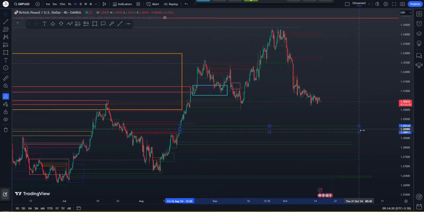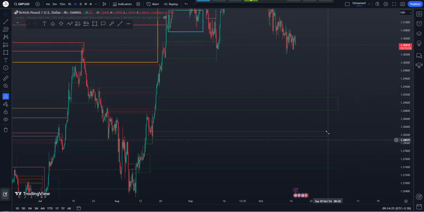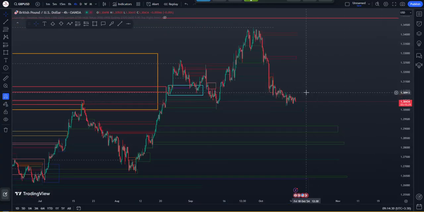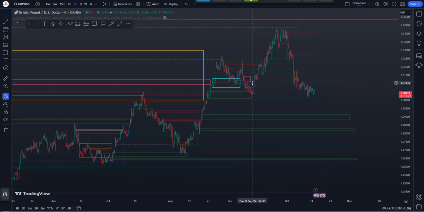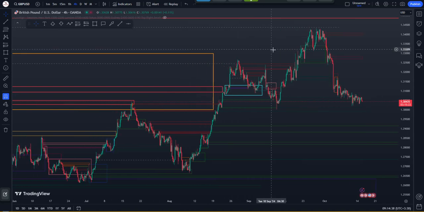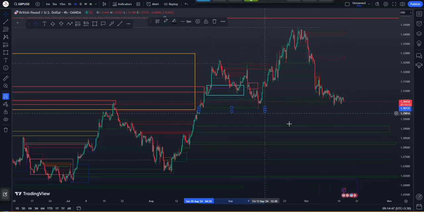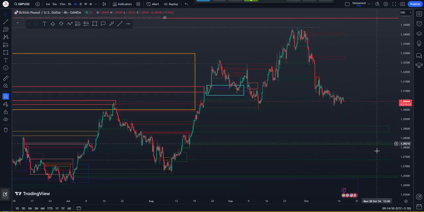So these are the demand zones. I drew some demand zones here, and I'm waiting to see these engulfed. So our scenarios tell us these levels are engulfed.